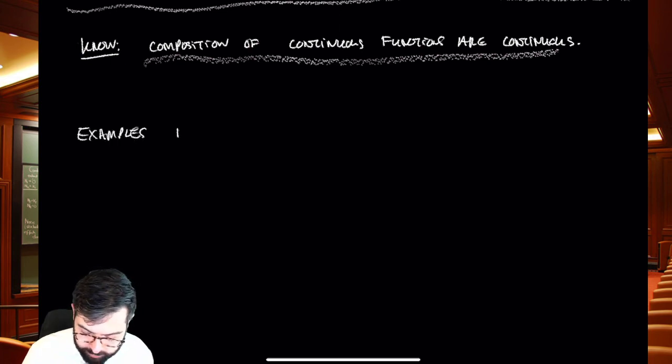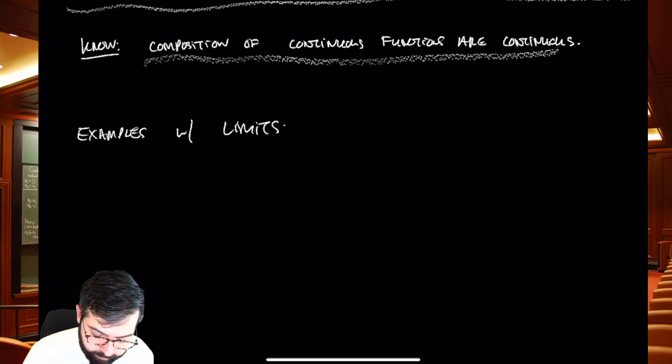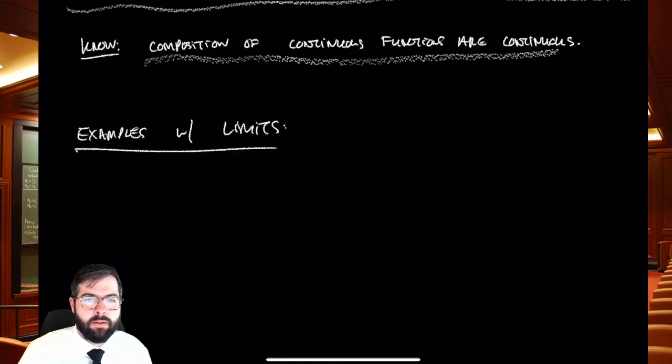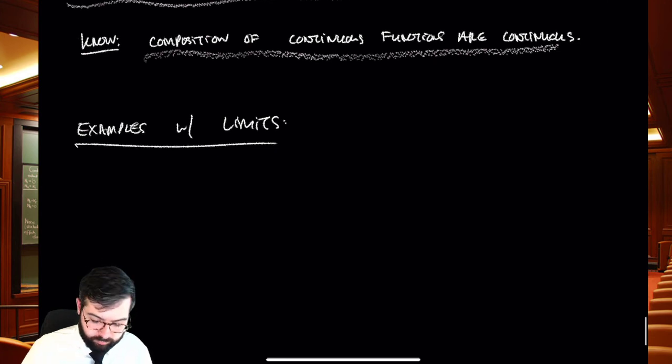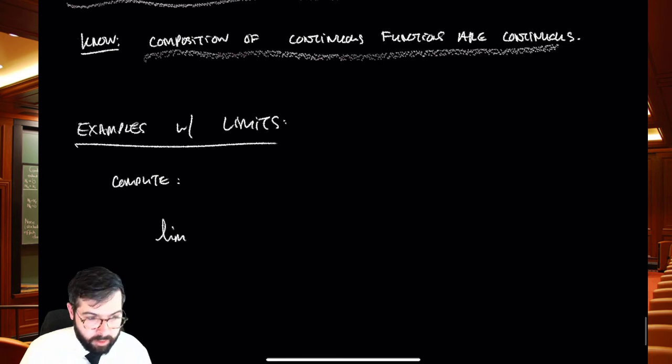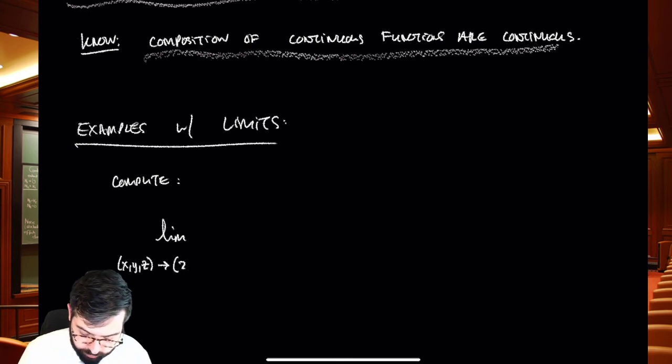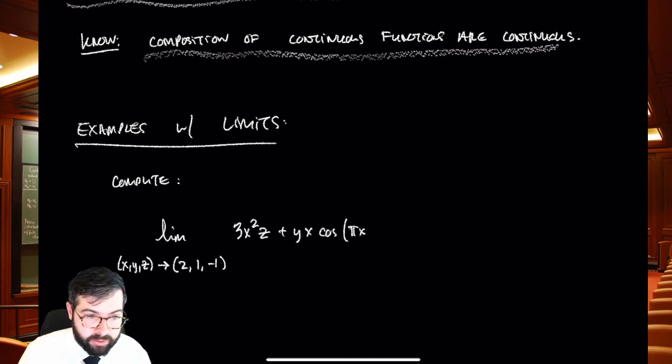So I'll say examples with limits. Compute the limit as xyz approaches 2, 1, negative 1 of the function 3x squared z plus yx cos pi x minus pi z.